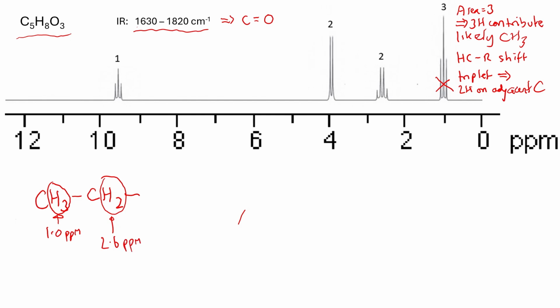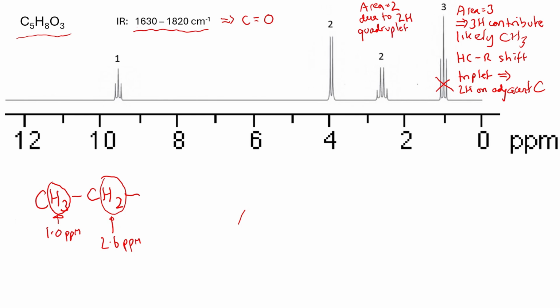We can say that it has an area of 2, because it's due to 2 hydrogens. We can say that it's a quartet or quadruplet, because there are 3 hydrogens on an adjacent carbon, which is consistent with the structure we've drawn down.